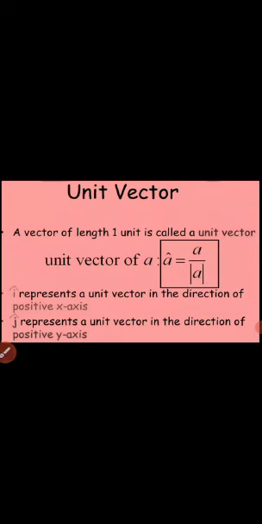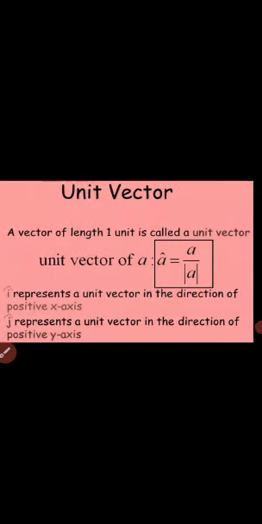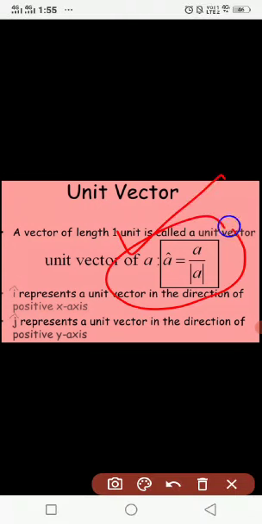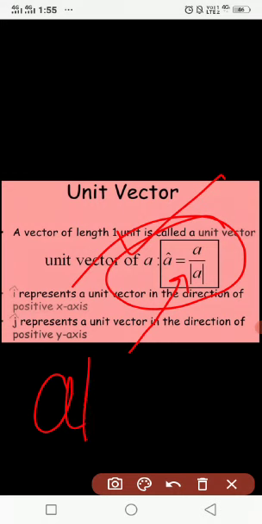Now we will solve a few numericals on the basis of unit vector. But first of all, you can see that in this unit vector there is something in the denominator, that is A mod, what we call magnitude. So first of all you should know how to calculate the magnitude of a vector.